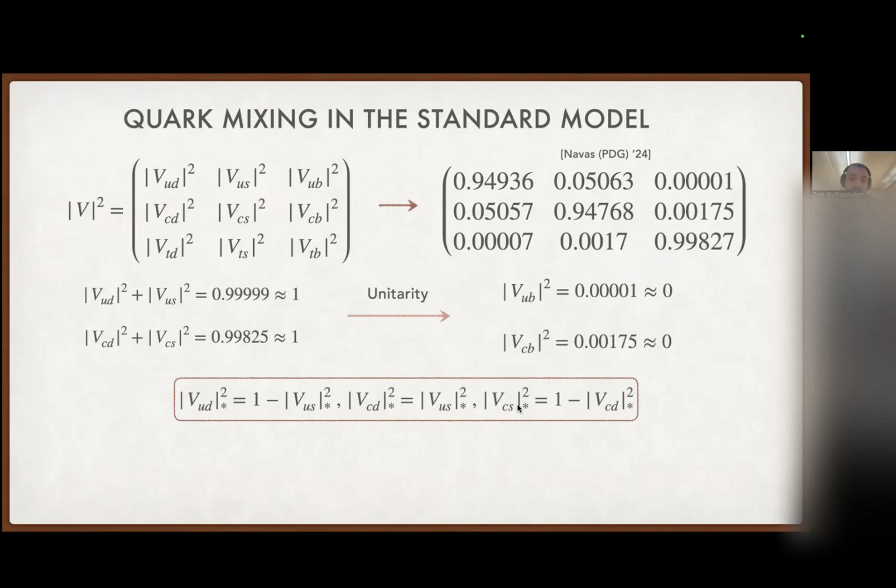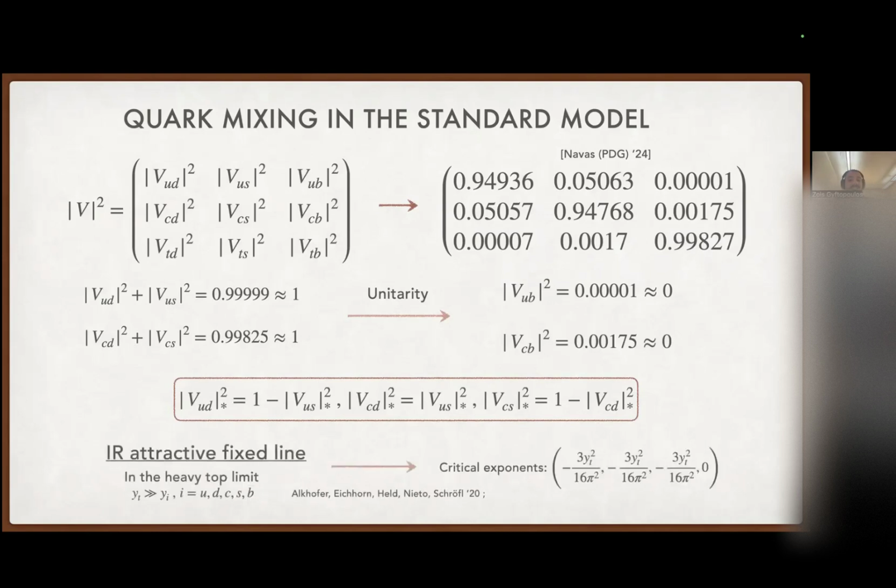And these relations are special because they actually correspond to an infrared attractive fixed line in the RG flow of the CKM matrix in the heavy top limit. So we observed that the experimental data, instead of indicating just the diagonal structure, satisfy relations that come from an infrared attractive fixed line.